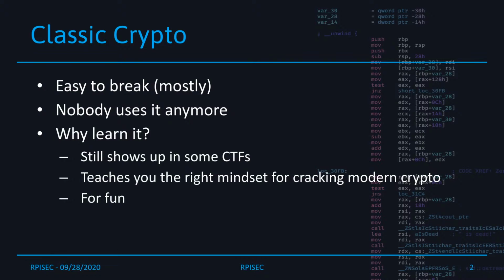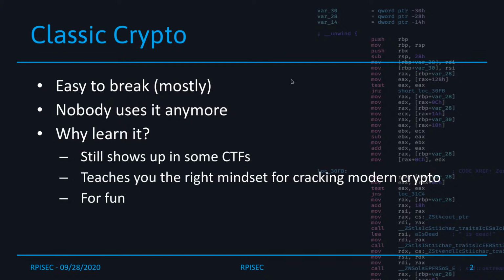Well, classic crypto is pretty obscure, so not a lot of people know too much about it, so it can show up as sort of a gotcha challenge in some CTFs. And also, it gets you in the right mindset for approaching the more modern stuff that we'll be covering in a week or two. And also, it's just kind of fun to do. It's a little bit silly, it's pretty simple.